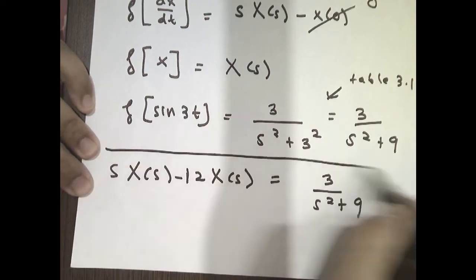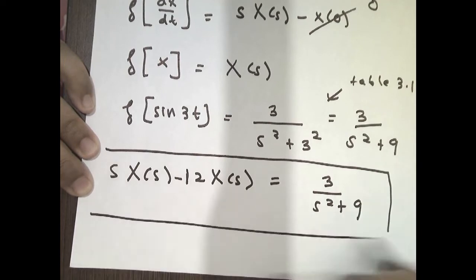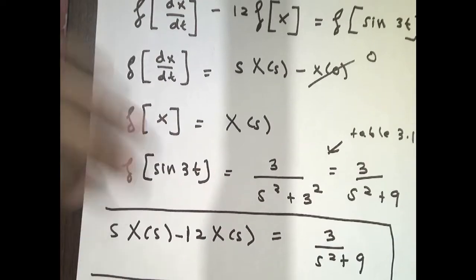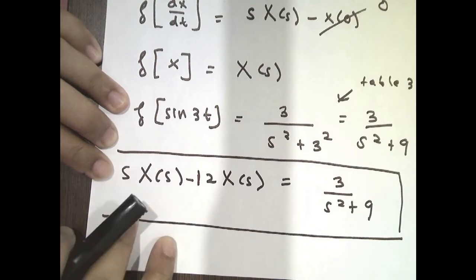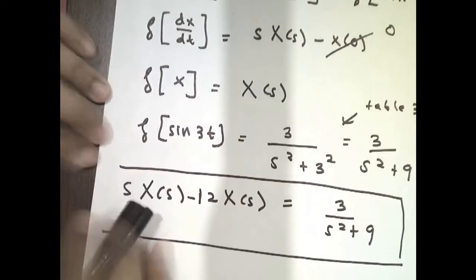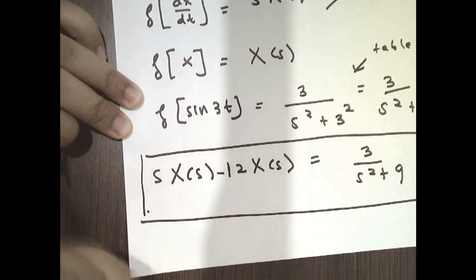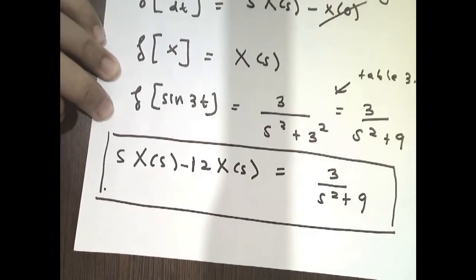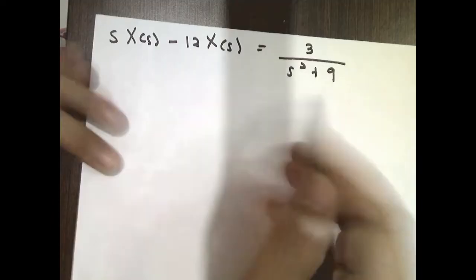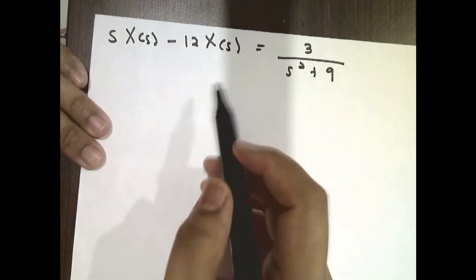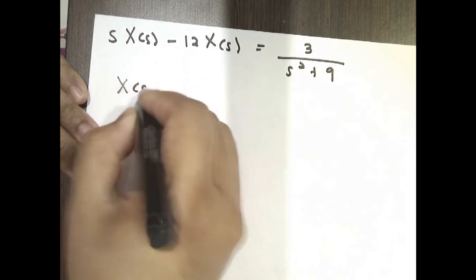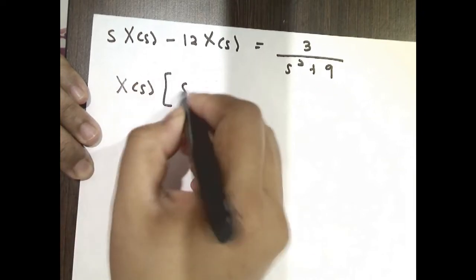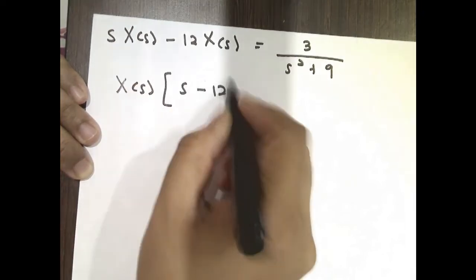Okay, we haven't finished yet. So basically this is the equation that we need to proceed with for the next step. Just now you have obtained this equation. So what we do now is factorize the X(s): X(s) times (s minus 12).